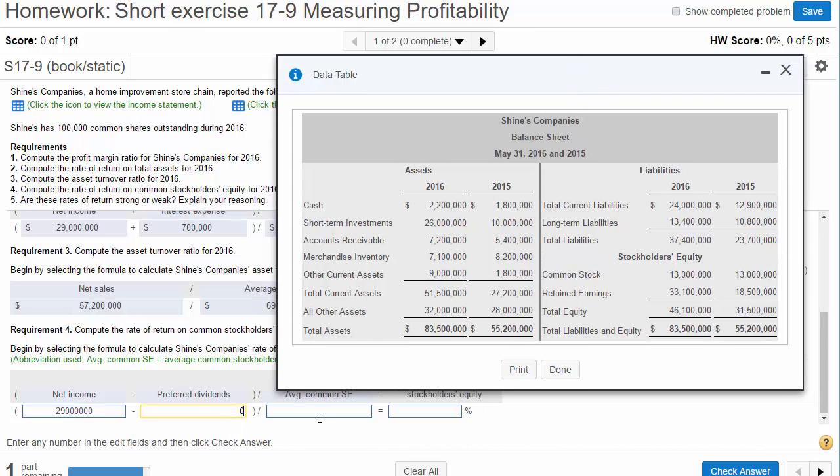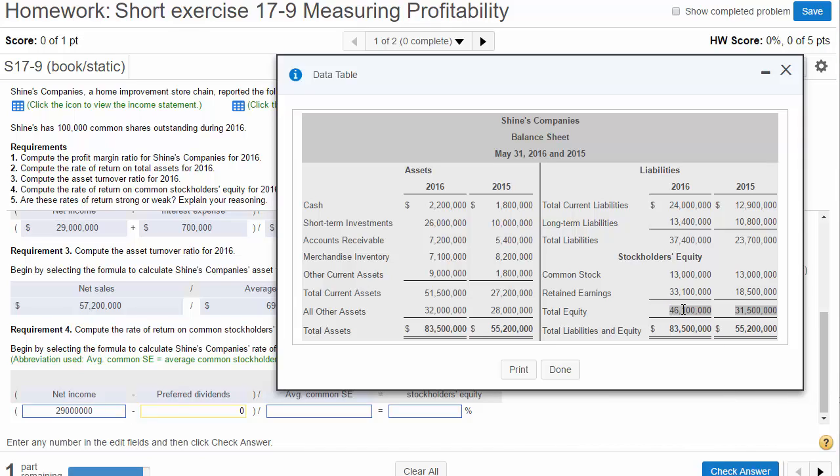And then we need to divide by average common stockholders' equity. Well, if the company had a preferred stock, the way we would calculate equity is you take total equity and subtract the preferred equity. But this company has no preferred stock, so all we have to do is figure out the average of our total equity.